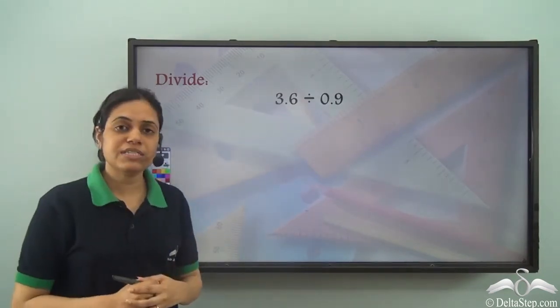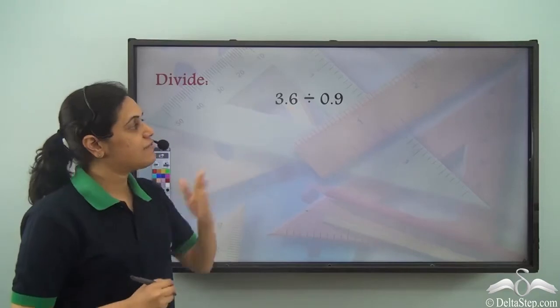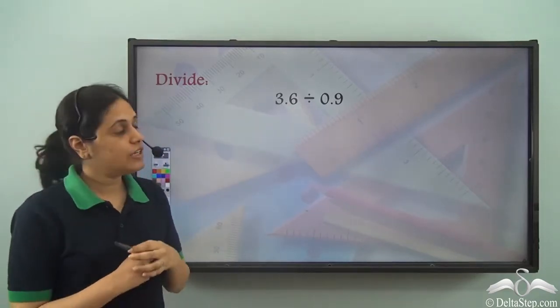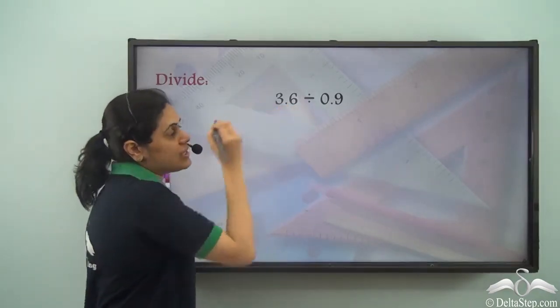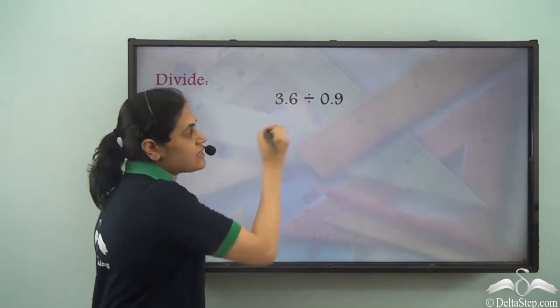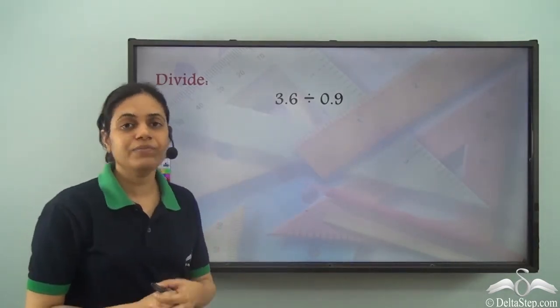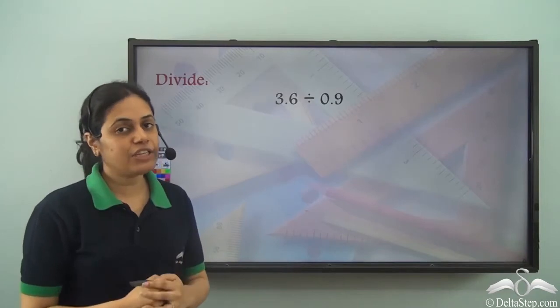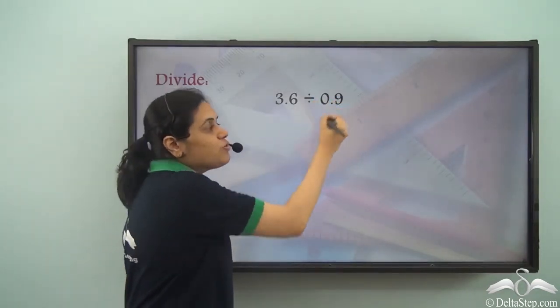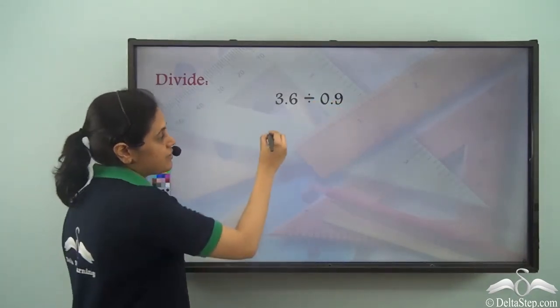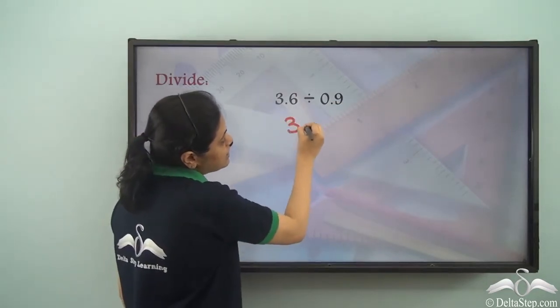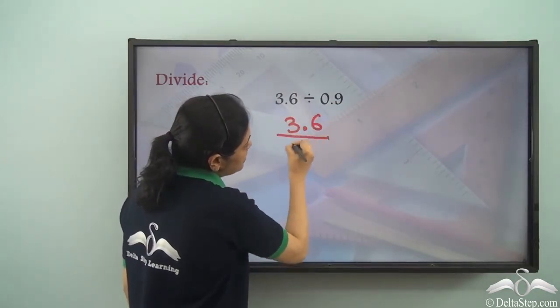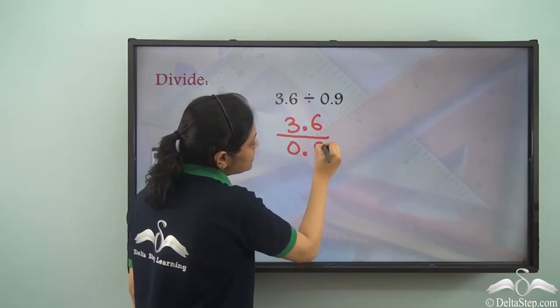Now what about this? I have 3.6 divided by 0.9. Now this has a decimal point in the dividend and this has a decimal point in the divisor as well. So the first thing that we need to do is remove the decimal point in the divisor. So I can write this as 3.6 divided by 0.9.